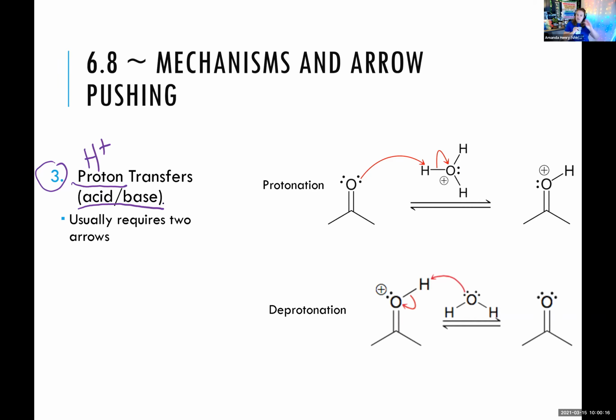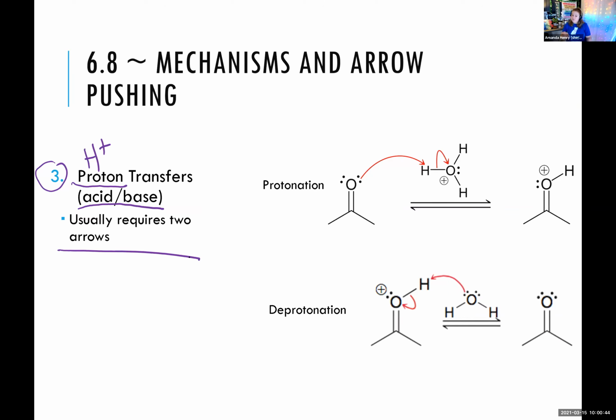Even though they fall under that heading of acid-base, we don't normally think of them that way in organic chemistry because we aren't limiting ourselves to just using acids and bases. This one usually requires 2 arrows because we have to bond to the new hydrogen and we have to remove the hydrogen from whatever it was bonded to before.